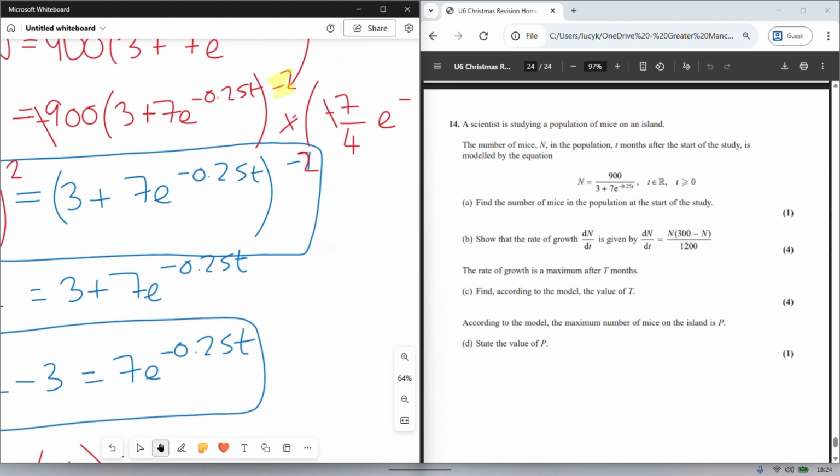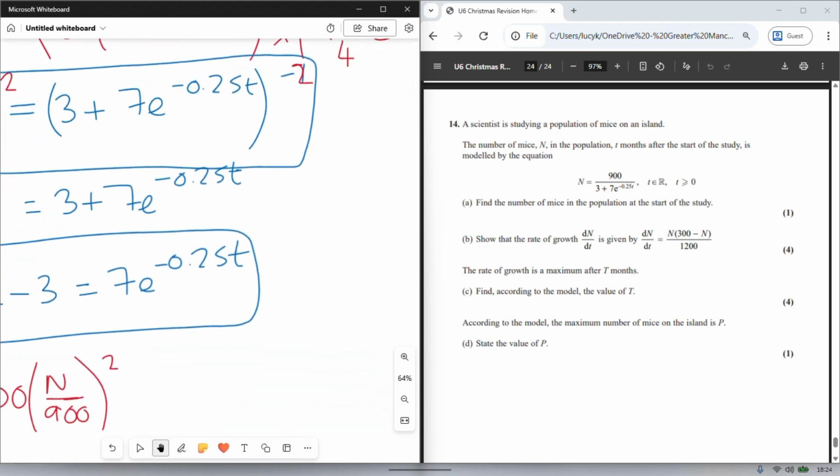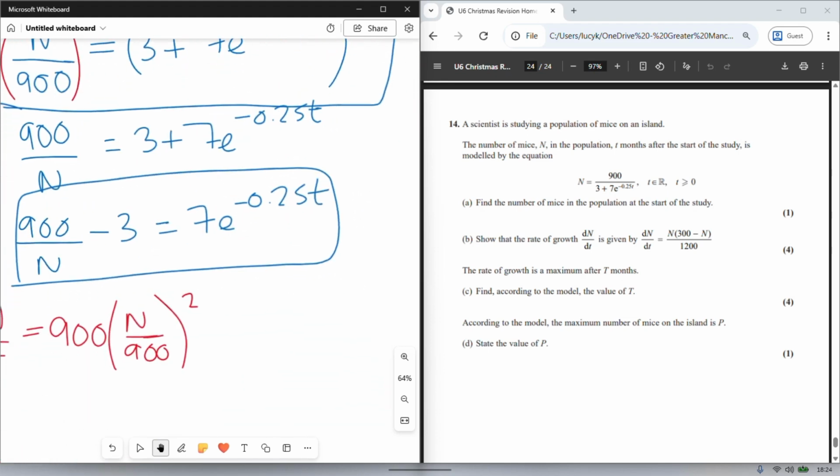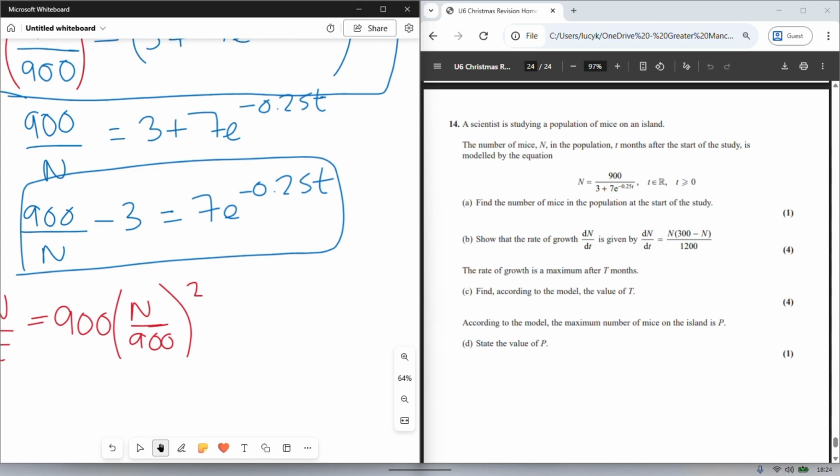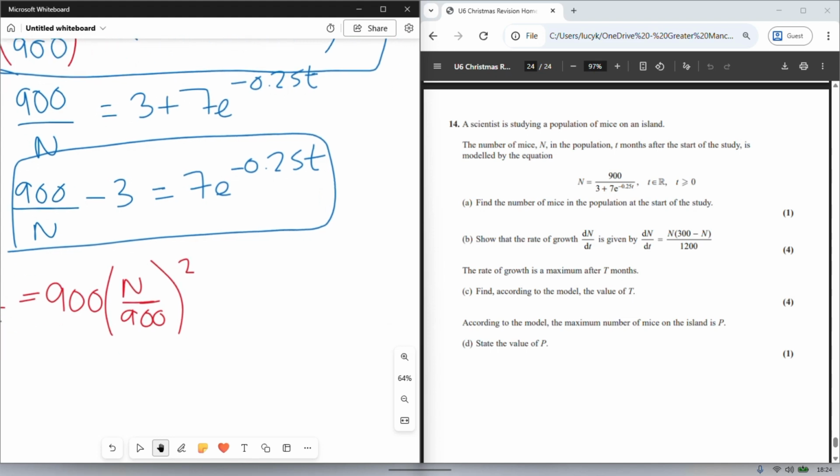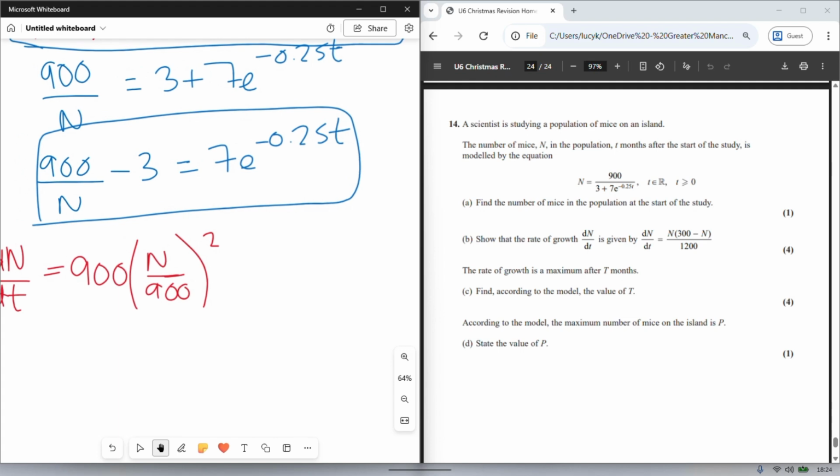And then the next bit was that 7 over 4 e to the minus 0.25t. I've now rewritten that as n over 900 minus 3 is equal to 7e to the minus 0.5t. So I just need to divide everything through by 4 when I substitute that in. So that will be multiplied by 900 over 4n and then minus 3/4, like so.